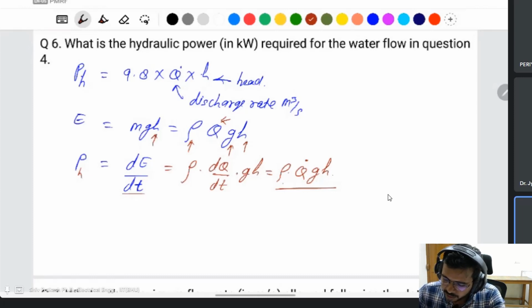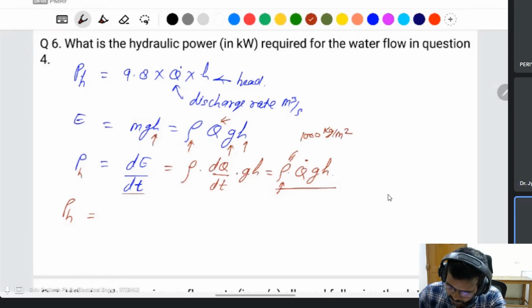Rho is 1000 kg per meter cube, the density of water, so 1 meter cube volume is 1000 kg of water. Then what is the power? It will be 1000 Q dot g h.